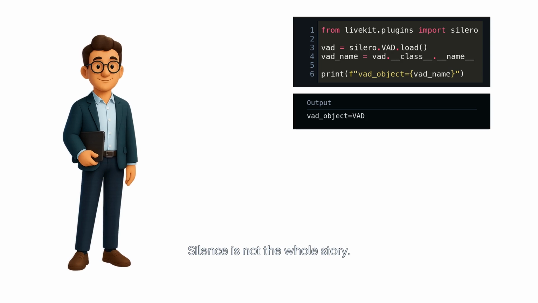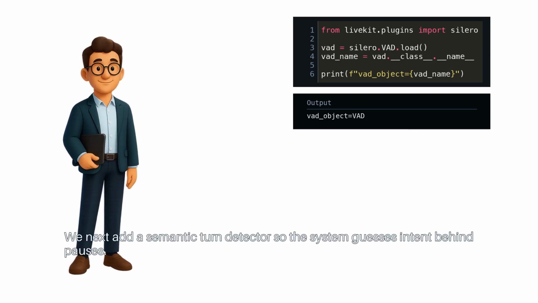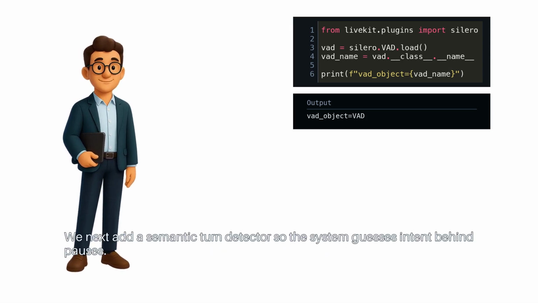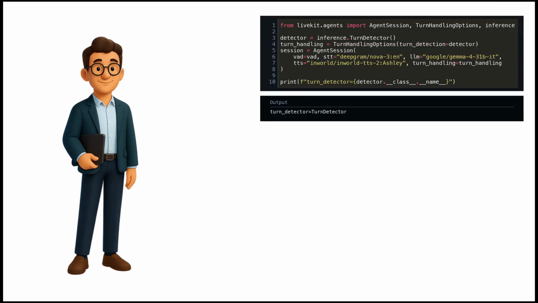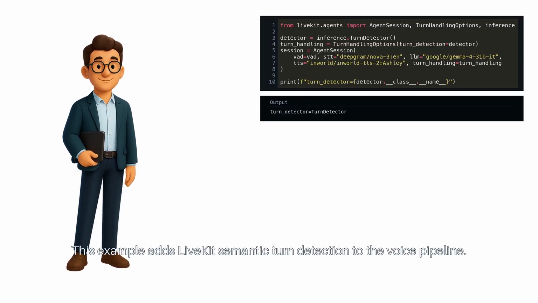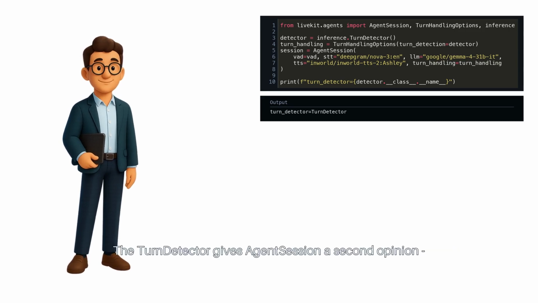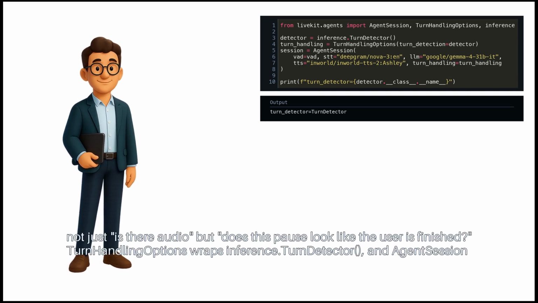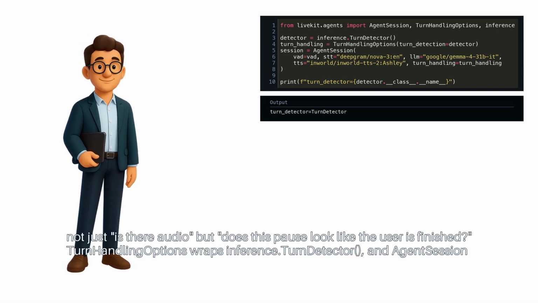Silence is not the whole story. We next add a semantic turn detector, so the system guesses intent behind pauses. This example adds LiveKit semantic turn detection to the voice pipeline. The turn detector gives AgentSession a second opinion. Not just is there audio, but does this pause look like the user is finished?